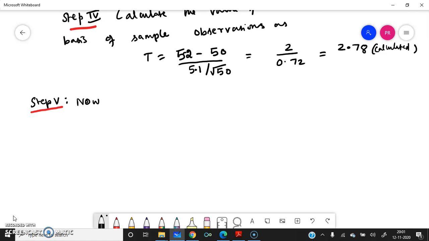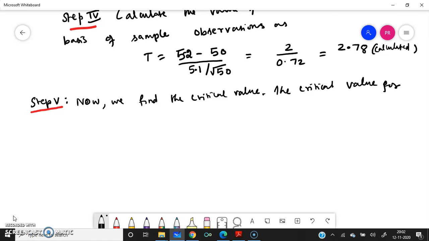Now we find the critical value for a right-tailed test at alpha equal to 0.01, that is Z alpha.